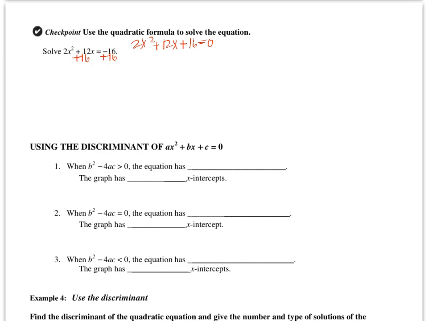Then we know that a is 2, b is 12, and c is 16. So x equals the opposite of b, negative 12 plus or minus the square root of 12 squared minus 4 times a times c, all divided by 2a.